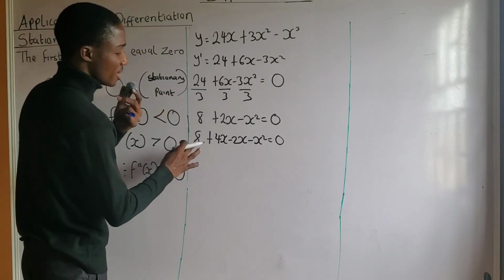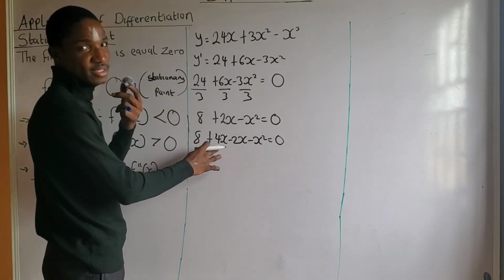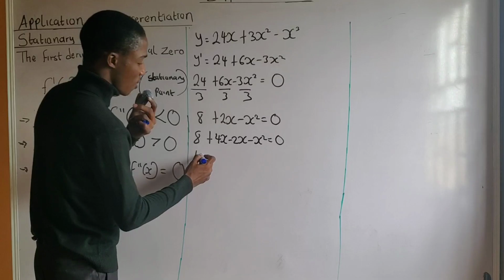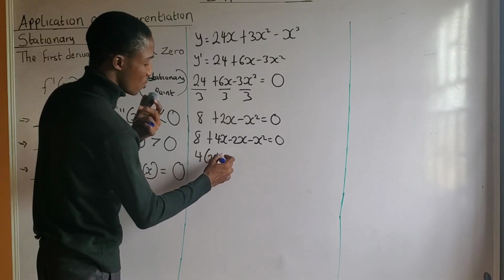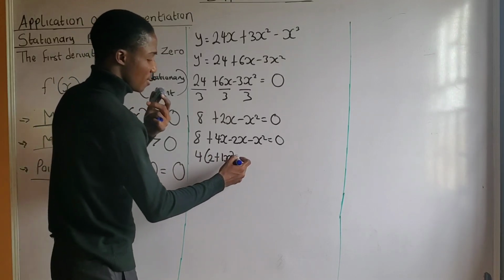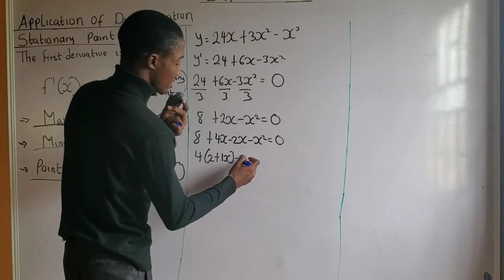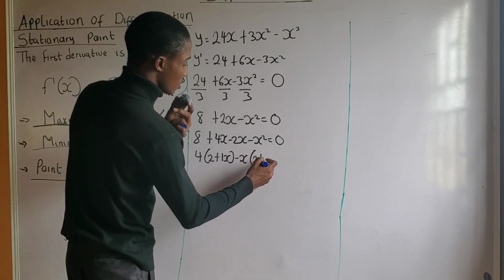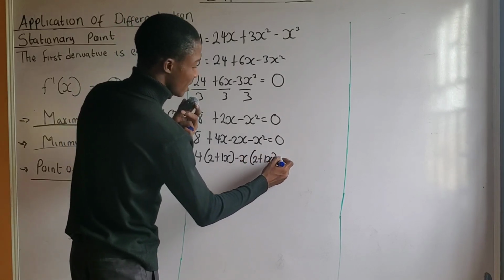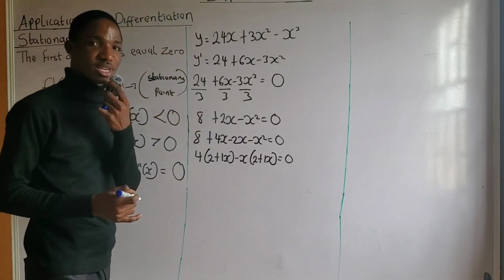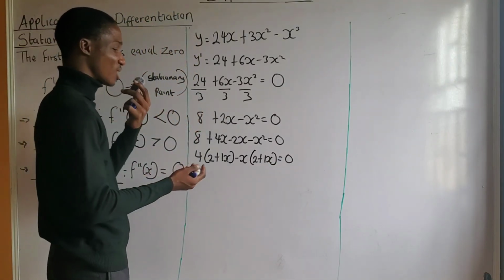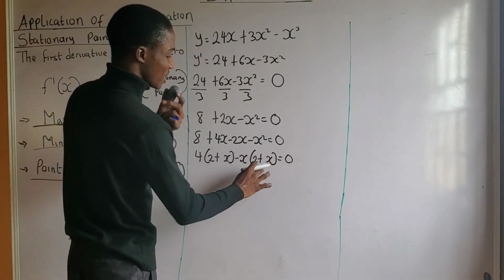What is common to 8 and 4x? That is 4, so 4 into bracket 2 plus 1x, minus x into bracket 2 plus 1x. Don't forget that 1x is the same thing as x, so you can just put it as 2 plus x.